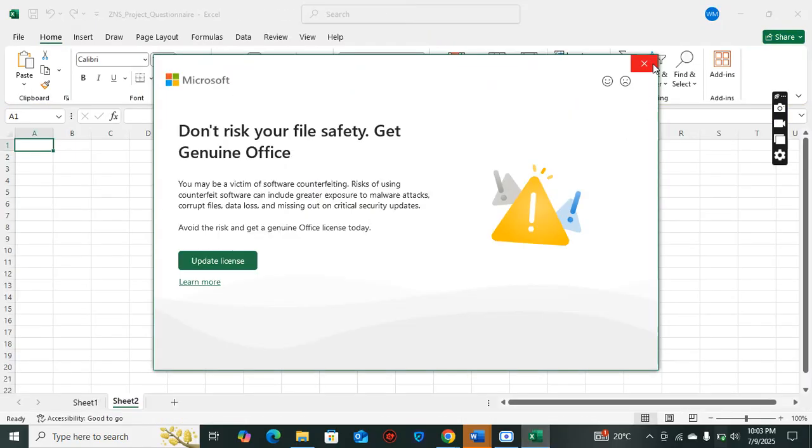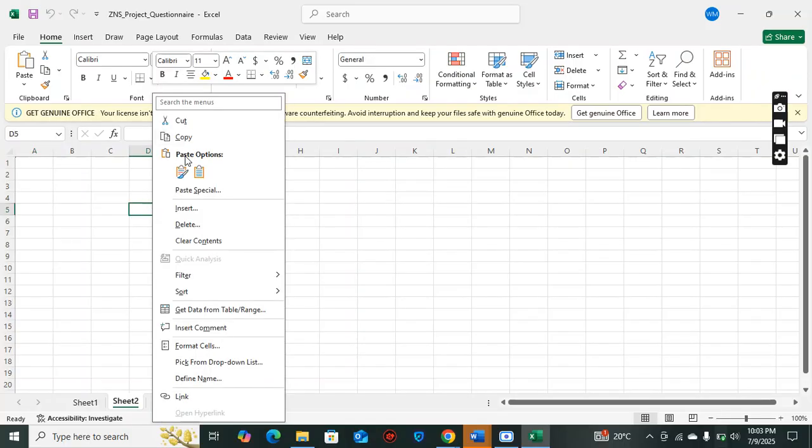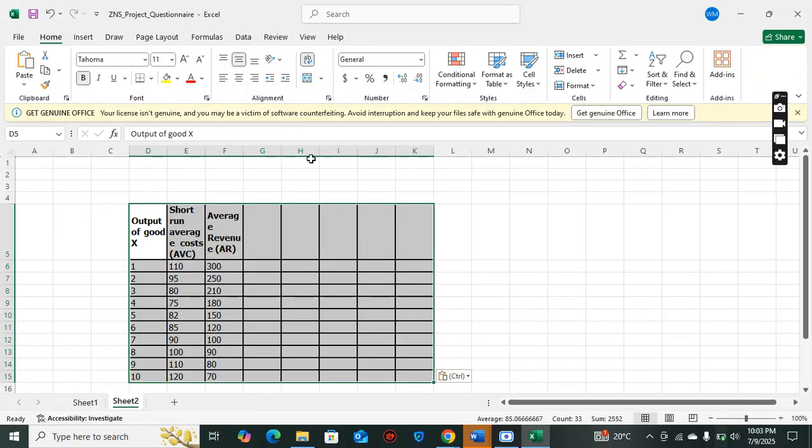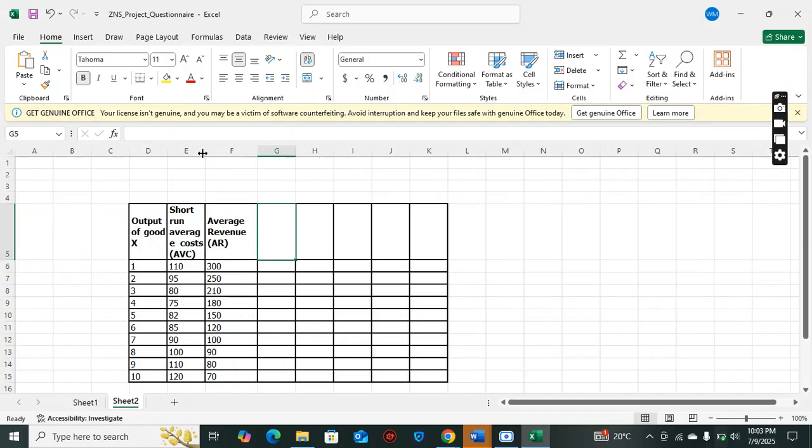So, first thing, we've been given our fixed costs. Okay, we're given our fixed costs. So we make a column here for our fixed costs.